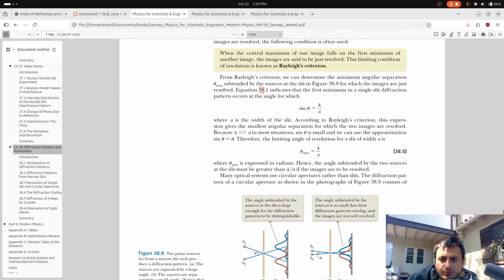Equation 38.1 indicates that the first minimum in a single slit diffraction pattern occurs for which sine theta is equal to lambda over the slit width.